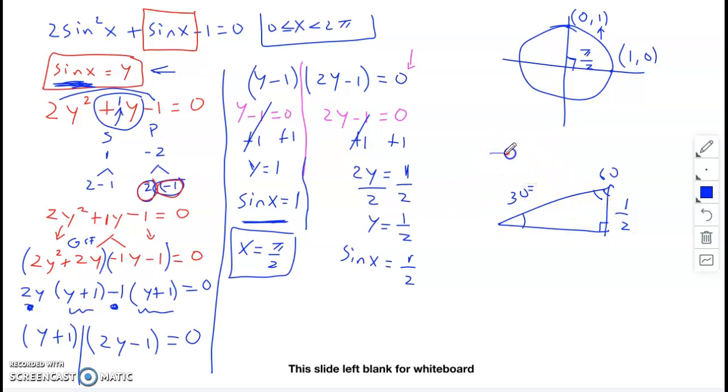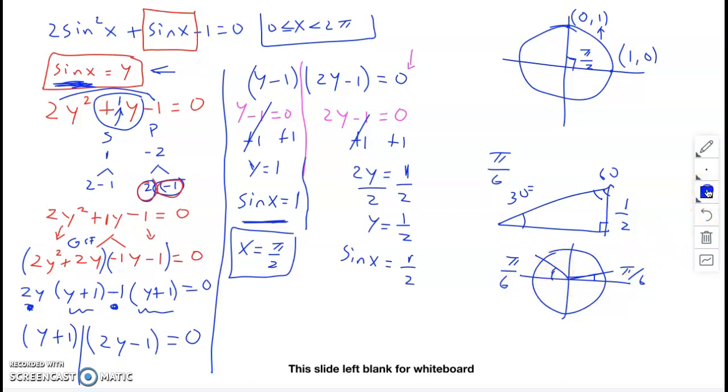In terms of pi, it is pi divided by 6. So pi divided by 6, my sine is positive in Q1 and Q2. So my reference angle, in Q1, this is pi over 6, and in Q2, this is pi over 6.